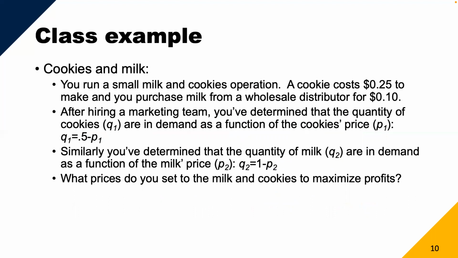You hire a marketing team and you've determined that the quantity of cookies Q1 in demand is a function of the cookie's price P1, defined as Q1 equals 0.5 minus P1. You've also determined that the quantity of milk in demand is a function of the milk's price: Q2 equals 1 minus P2. So what prices do you set for the milk and cookies to maximize profits?